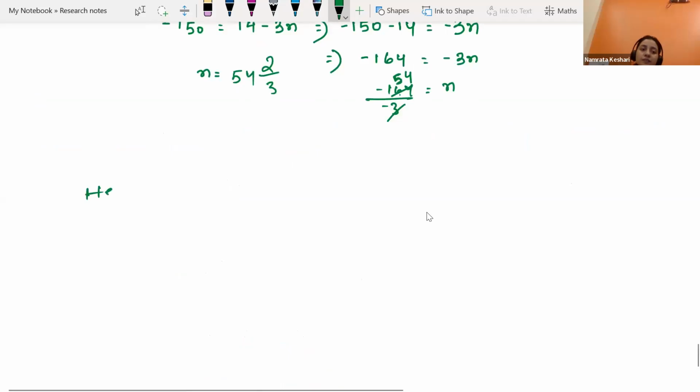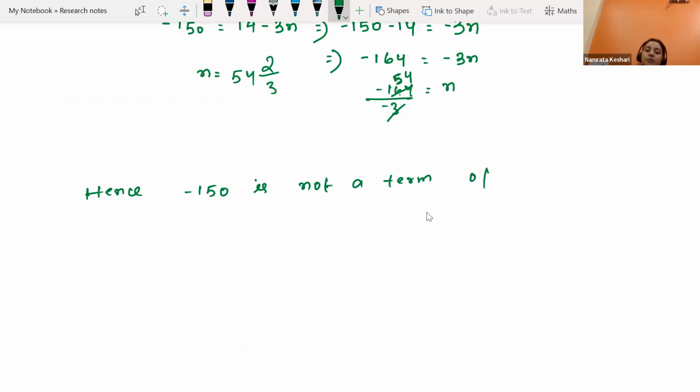Hence, minus 150 is not a term of the given AP. Let's do the next question.